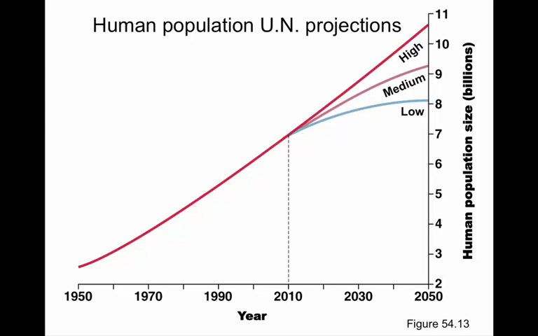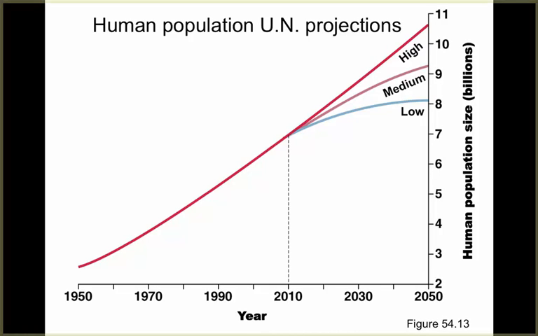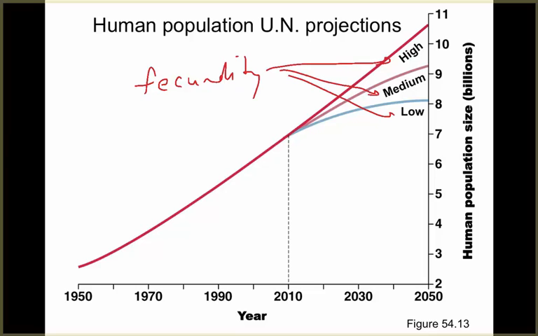The United Nations has made projections for the human population, making assumptions for fecundity. So these high, medium, and low are making specific assumptions in terms of how many young females on the planet will have on average over the next few decades. This is figure 54.13 from your textbook.